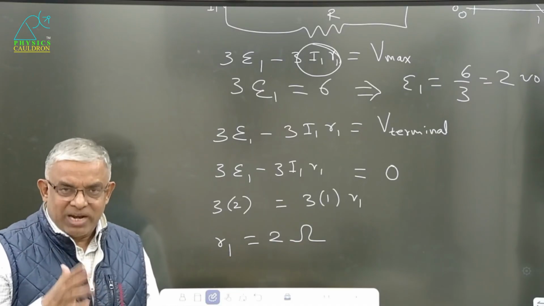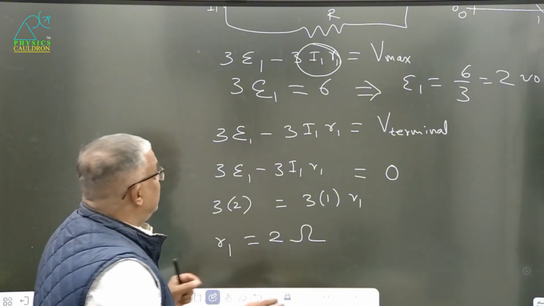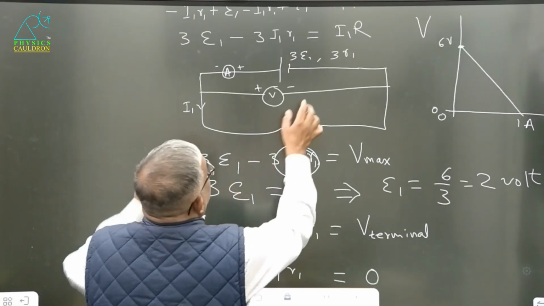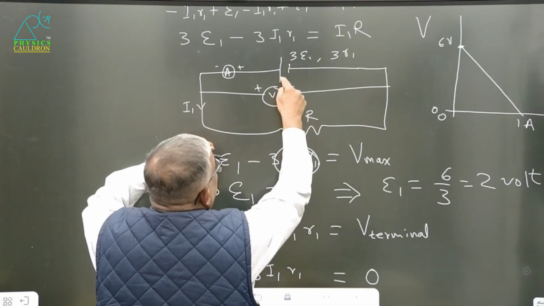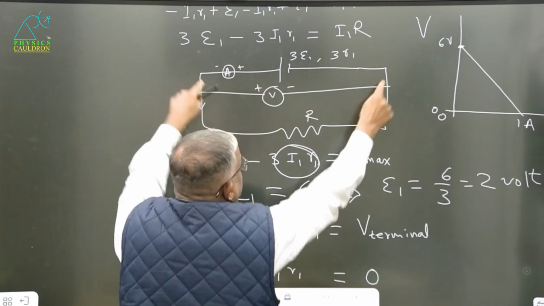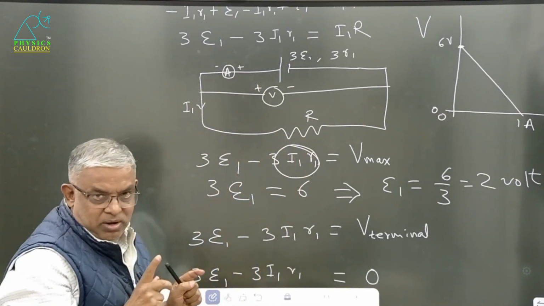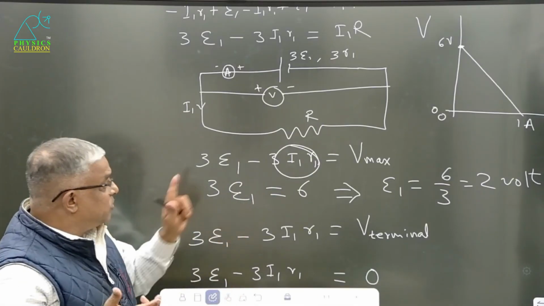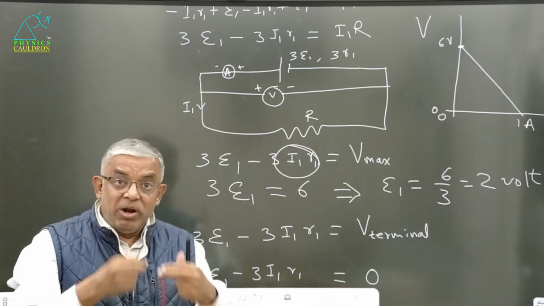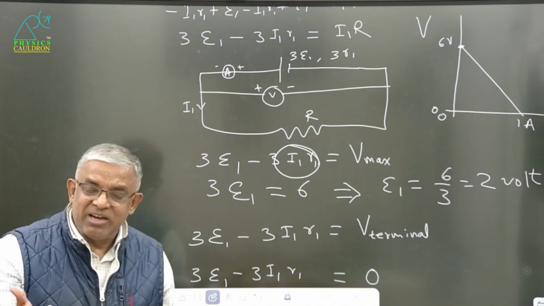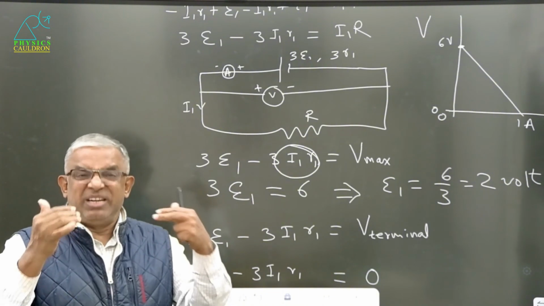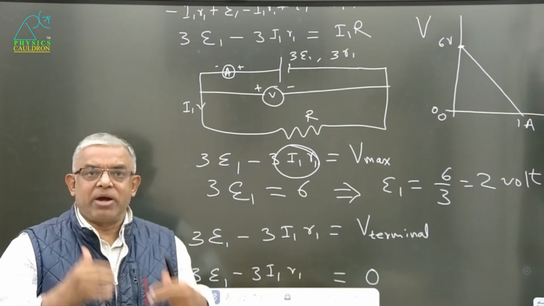Just to revise, terminal potential difference is the potential difference across the terminals of a cell, which can be measured directly by connecting across the terminals of the cell. And what is EMF? We use a particular definition of EMF: EMF is the maximum possible terminal potential difference across a cell.